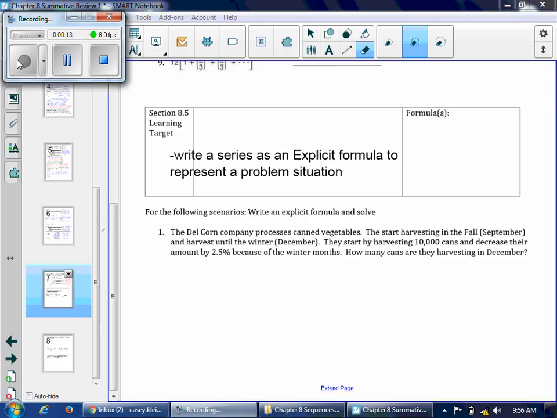So I'm going to go ahead and write the explicit formula for a geometric sequence.